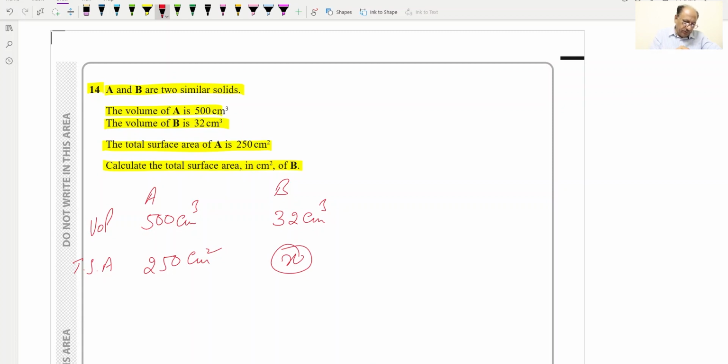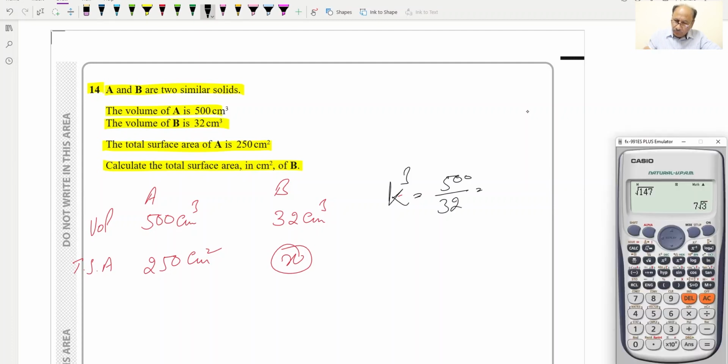Now the volume ratio between shapes, we know it is having k cube, so we will write k cube, and this will be equal to 500 divided by 32.